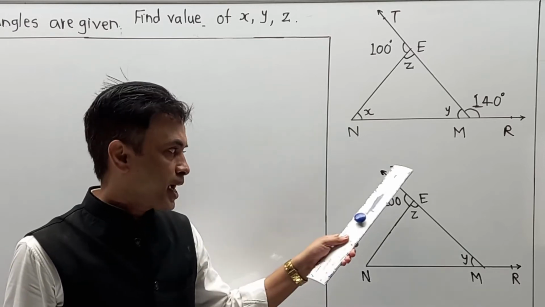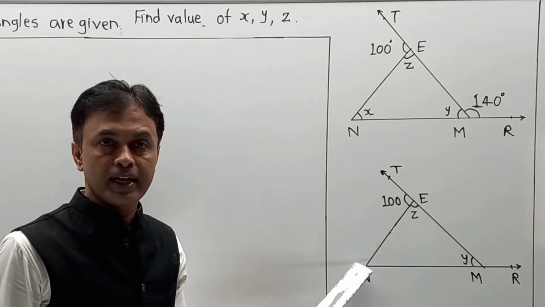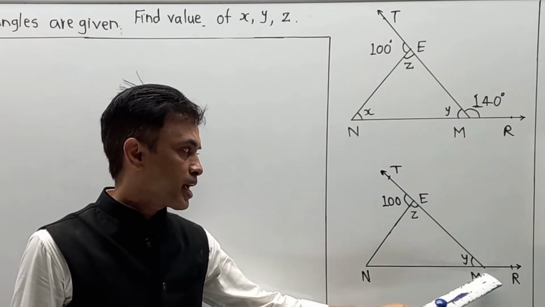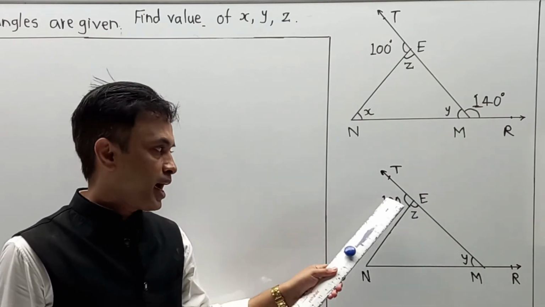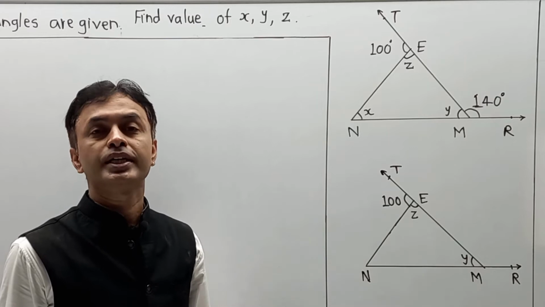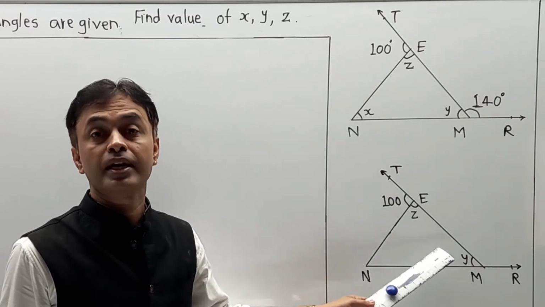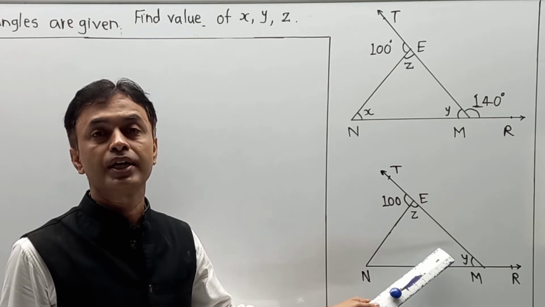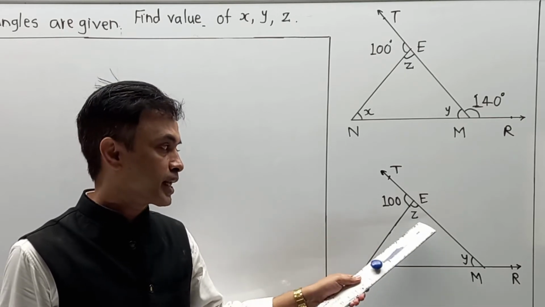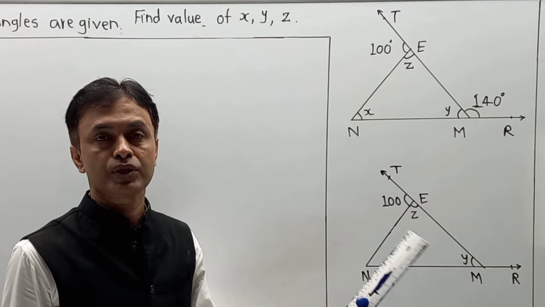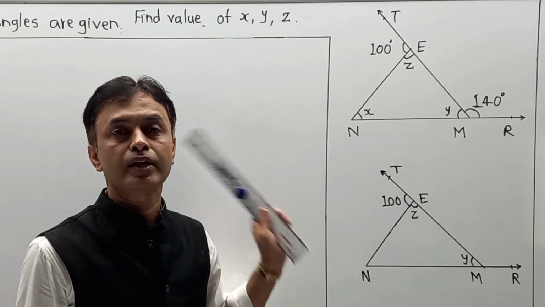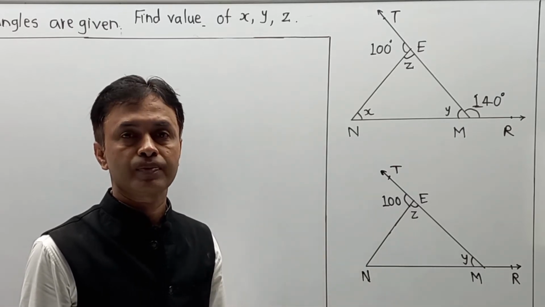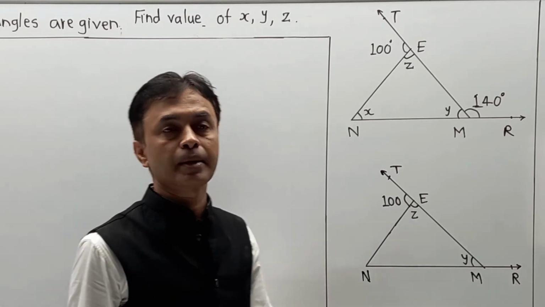But we know that angle TEN plus angle MEN, the addition of these two, is 180 degrees because these are nothing but a linear pair. So doing the angle addition and showing it as 180 degrees, we can get the value of Z first, and writing all the answer in a structure. So try to understand the writing pattern also.